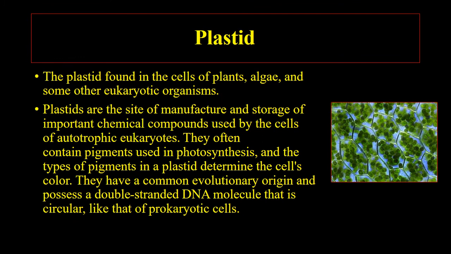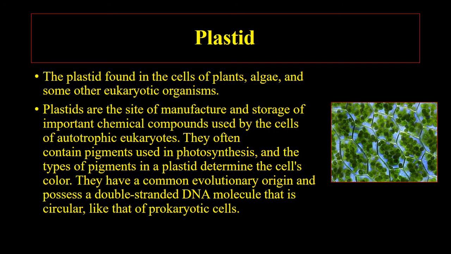Now let's talk some words about plastids. Plastids are found only in the cells of plants, algae, and some other eukaryotic organisms, but not in animal cells. Plastids are the site of manufacture and storage of important chemical compounds used by the cells of autotrophic eukaryotes.